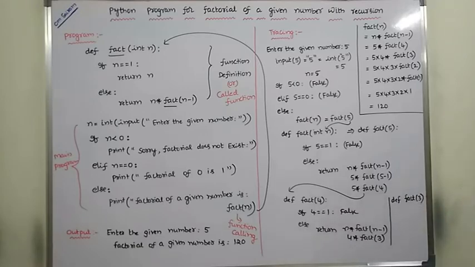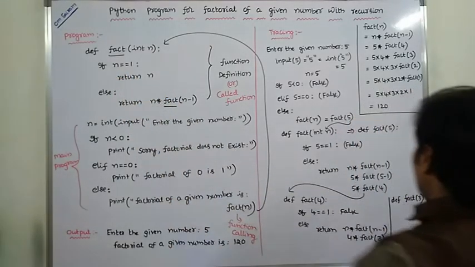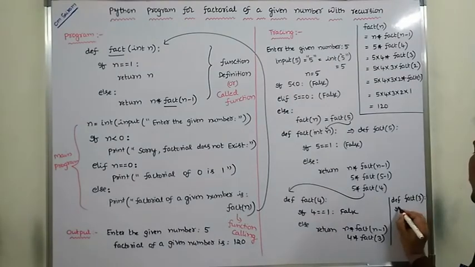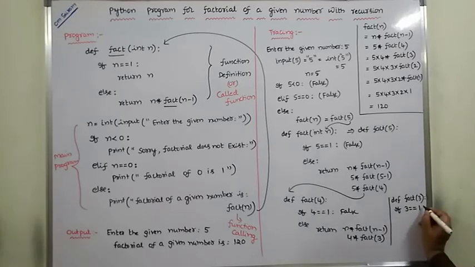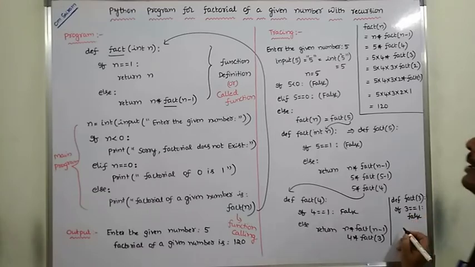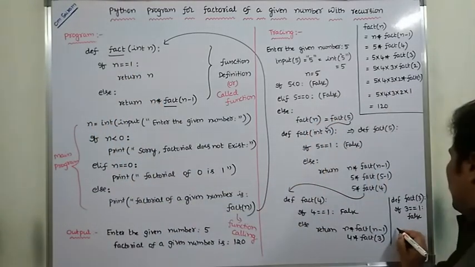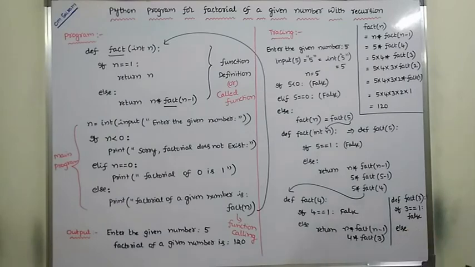Def fact of 3. Now go to the statement: if n equal to 1, 3 equal to 1, so that is false. Then go to the else block: return n into fact of n minus 1.